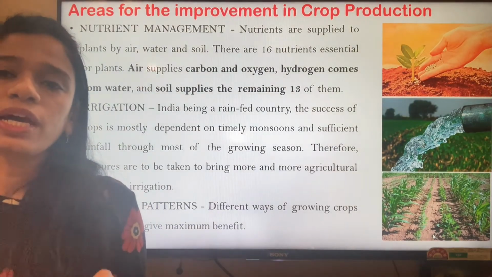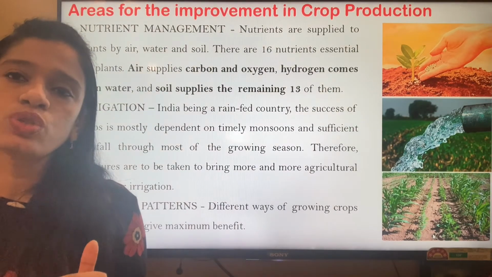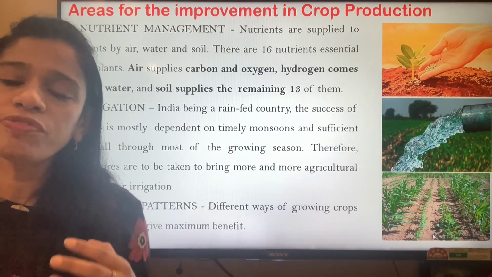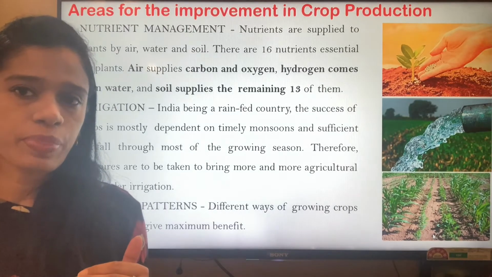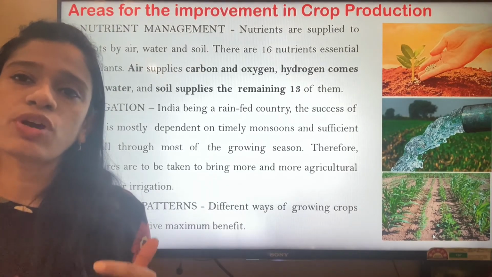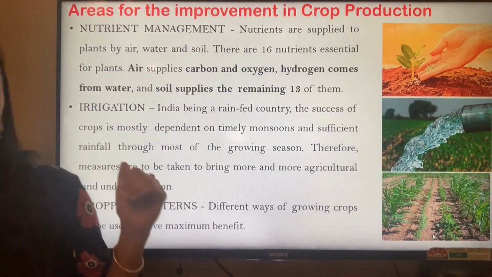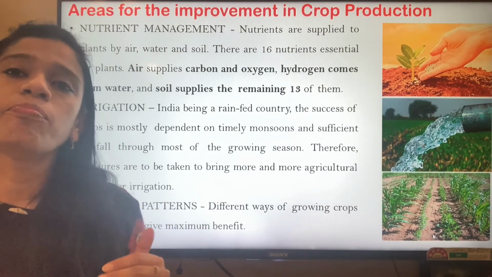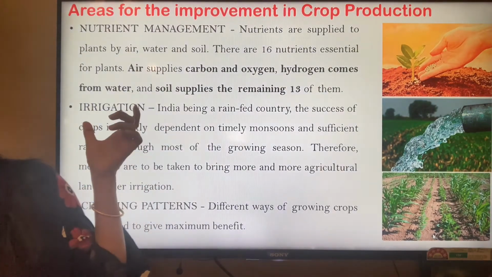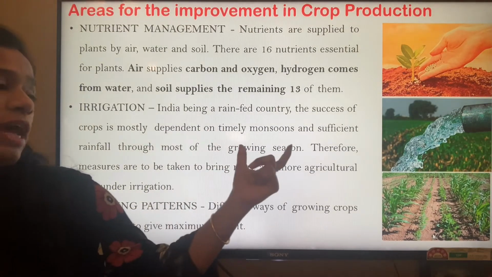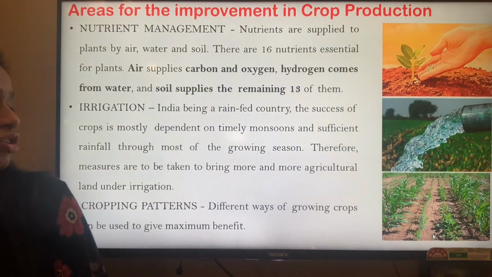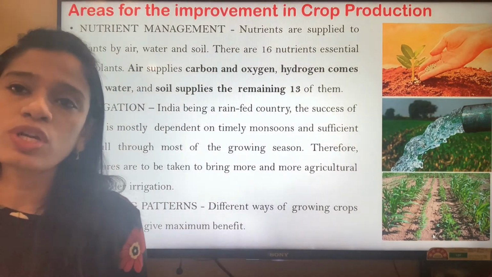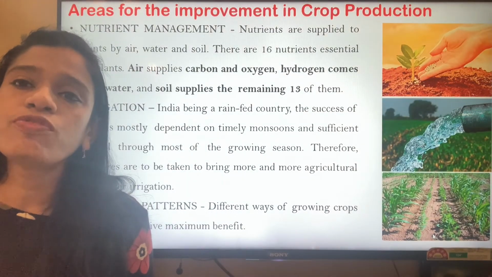Now India being a rain-fed country, during the monsoons the crop production is mostly dependent on rain. During other periods, when there is not ample rainfall, crop production depends on irrigation. It is dependent on timely monsoons and sufficient rainfall. Therefore, measures have to be taken to bring more and more agricultural land under irrigation, because sometimes rainfall is erratic.